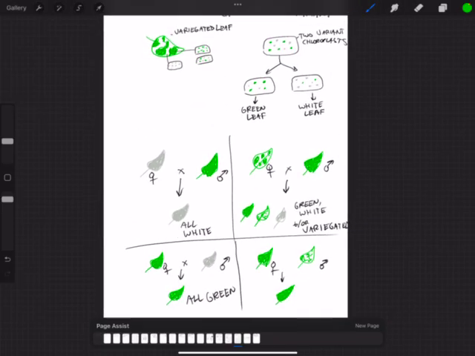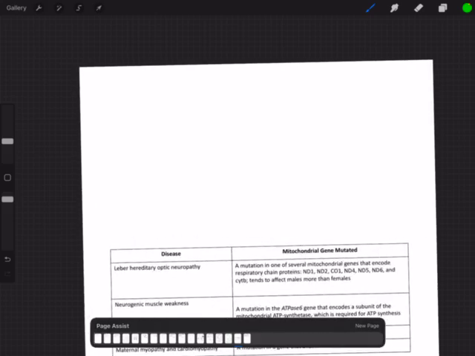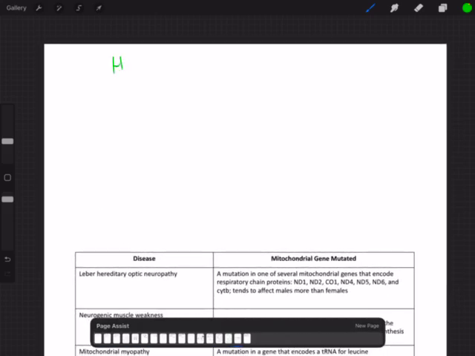Does this make sense? Okay, good. I think it'll become more interesting to many of you if we then close by talking about human mitochondrial disease.